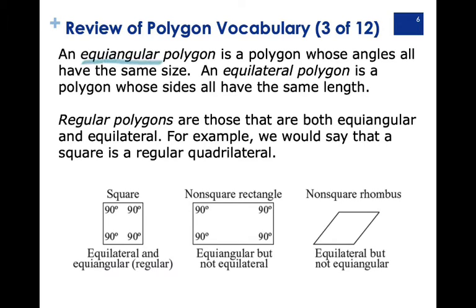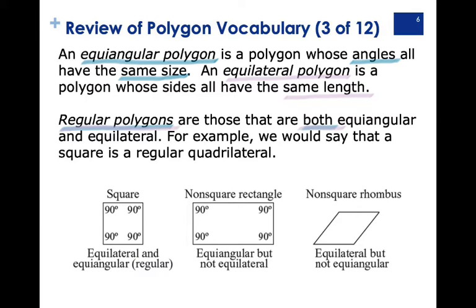Equiangular polygon here, that means that all angles have the same size. And equilateral polygon means that it has all the same lengths. And then we have a regular polygon, which means both are the same there. So we could see that a square has equal angles and equal lengths. A rectangle is not an example of that, although it has the same angles.